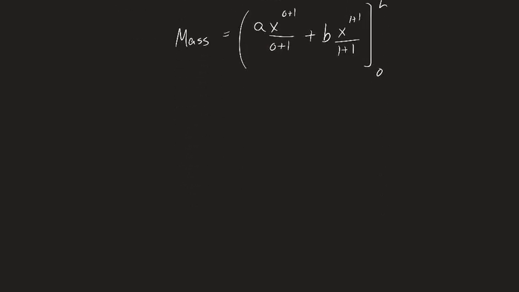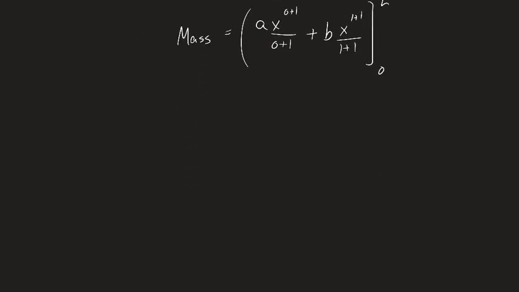And so now I need to put in my top limit and subtract it from putting in my bottom limit. So my top limit is L, so this is going to be AL plus 1/2 BL squared minus A times 0 plus 1/2 B times 0 squared.